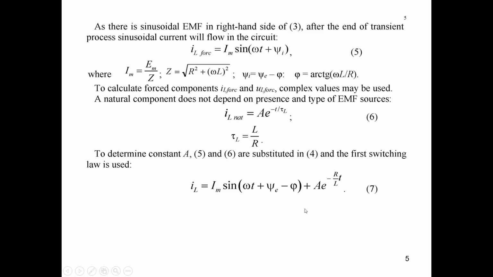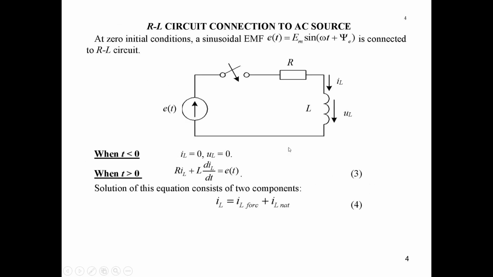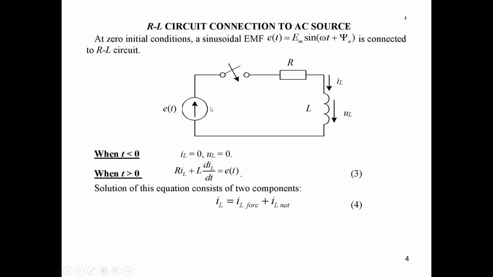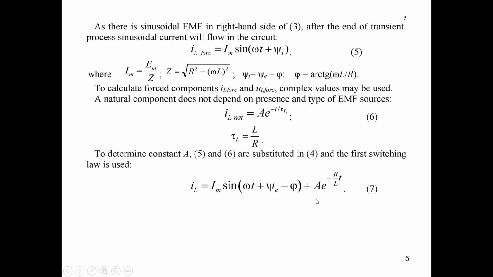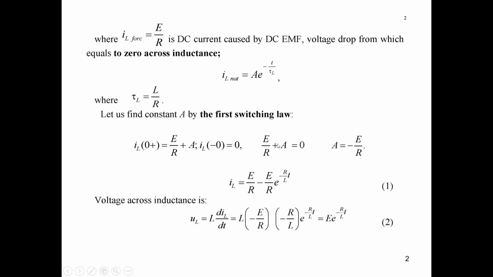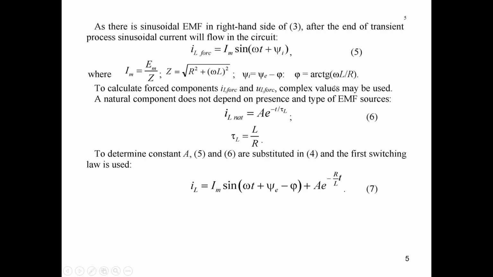And we considered in the previous lecture that the transient current through such a circuit may be presented as a sum of a forced component, which has sinusoidal form because the forced component depends on the shape of the connected EMF, and a natural component, which consists of transient processes just the same as in the previous case of connection of the RL circuit to a DC source.